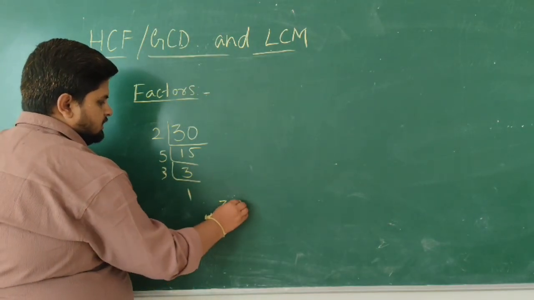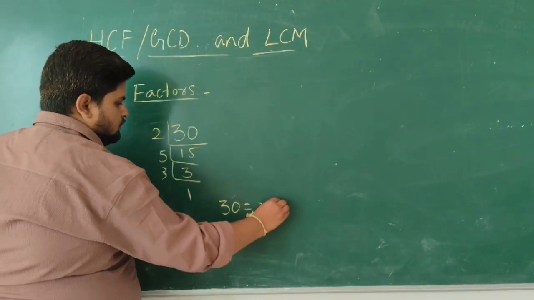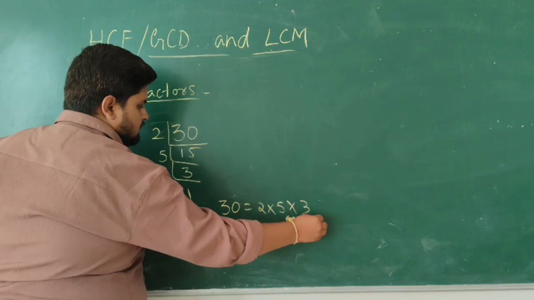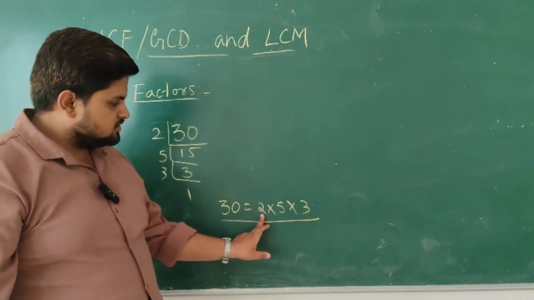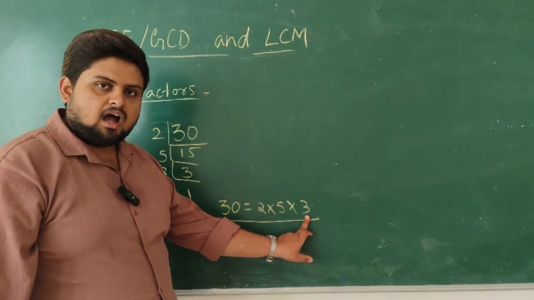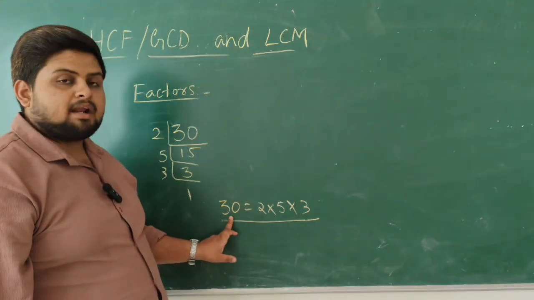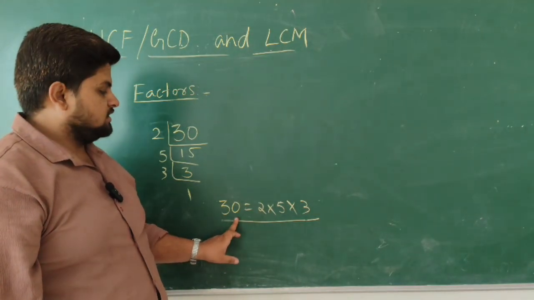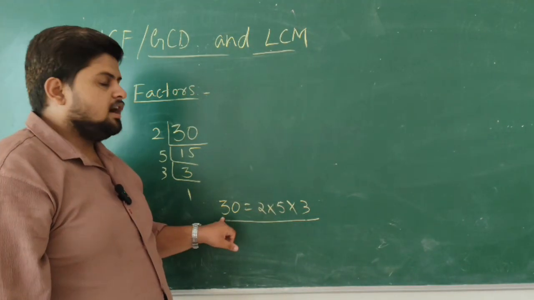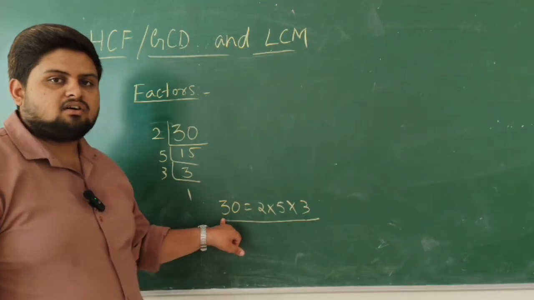So 30 can be written as 2 into 5 into 3. All these numbers 2, 5 and 3 are called the factors of 30.